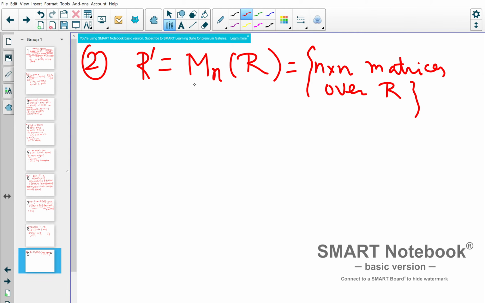That means that the entries are elements of the ring R. Okay. So this is obviously not contradicting anything, because matrix multiplication is not commutative, right?